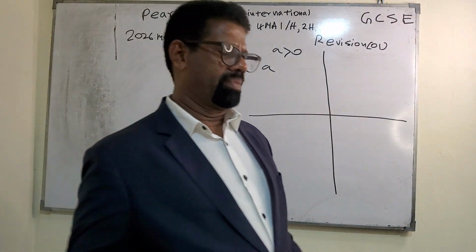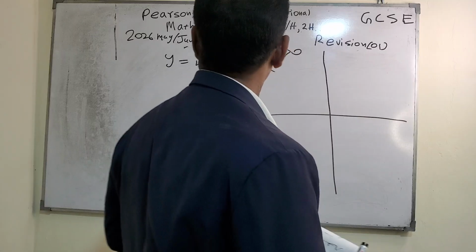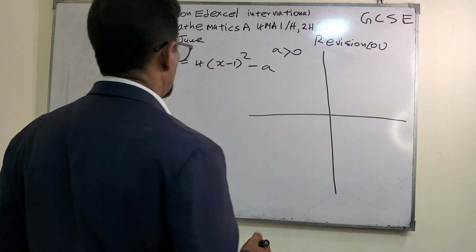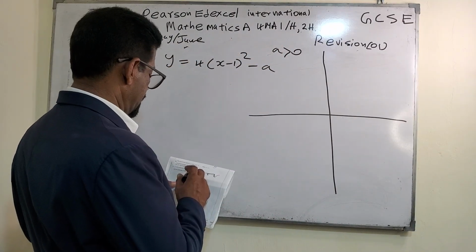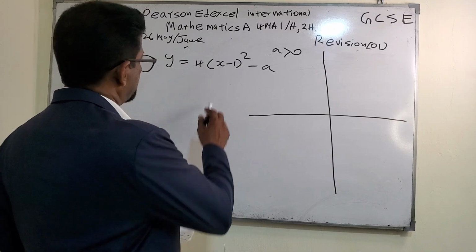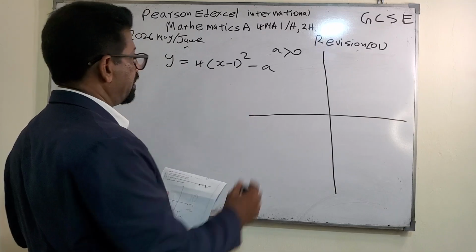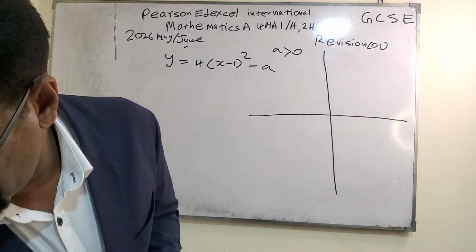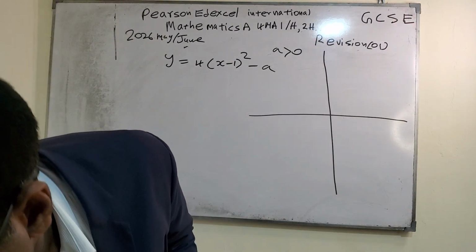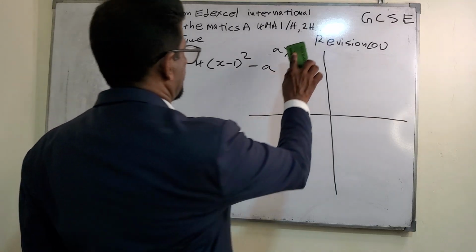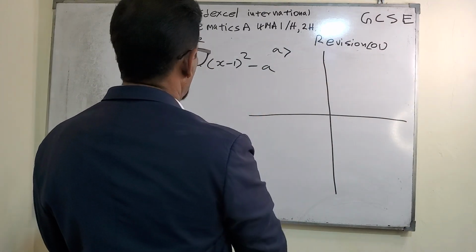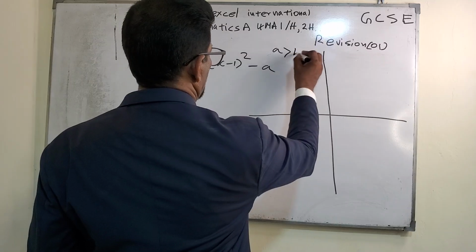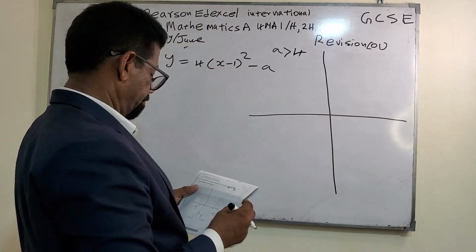Another important sum discussed. Curve C, y equals 4(x minus 1) squared minus a, where a is greater than 4.